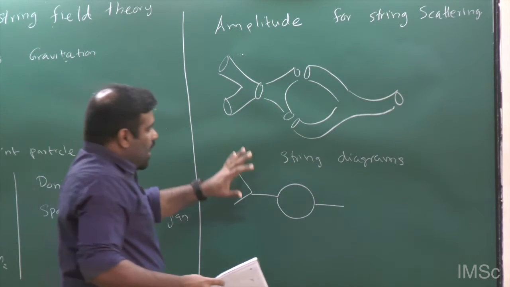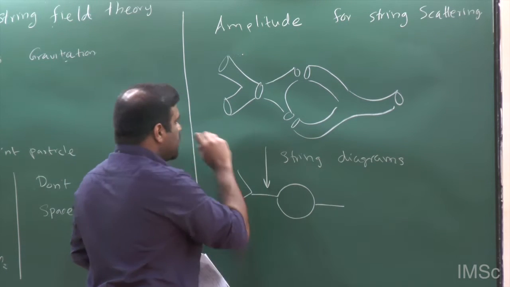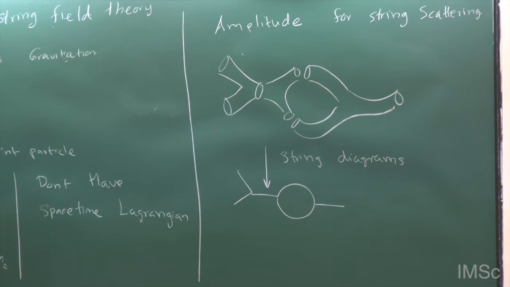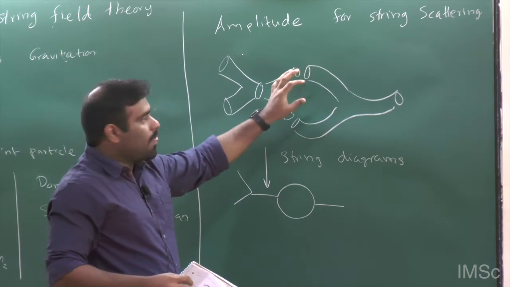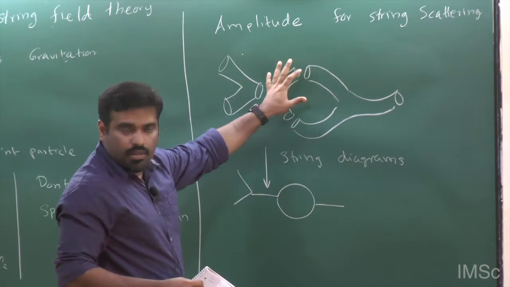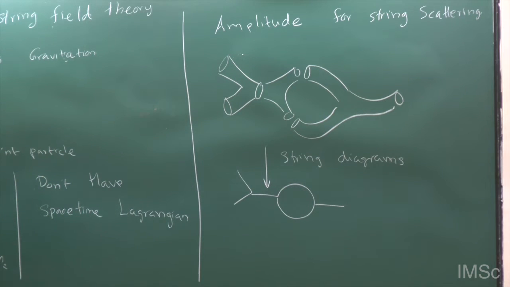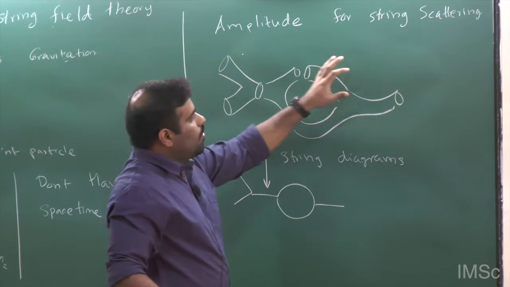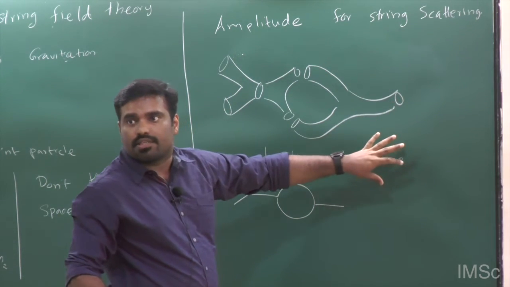So you don't have to go to the point particle limit for defining the string amplitude. What you do is you work with the string diagrams. You start with this diagram, and the only condition is that you know how many external states there are, and allow all the possible diagrams that you can draw with this particular number of external states.